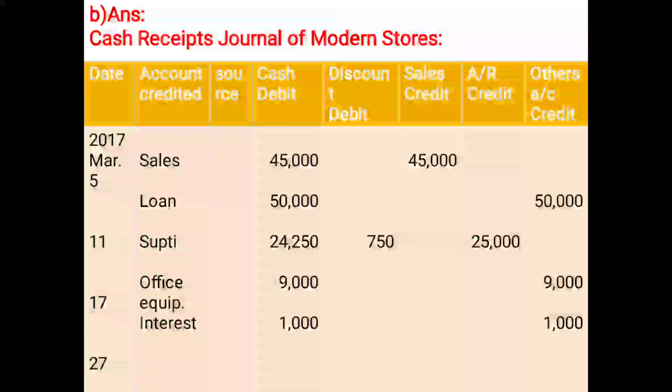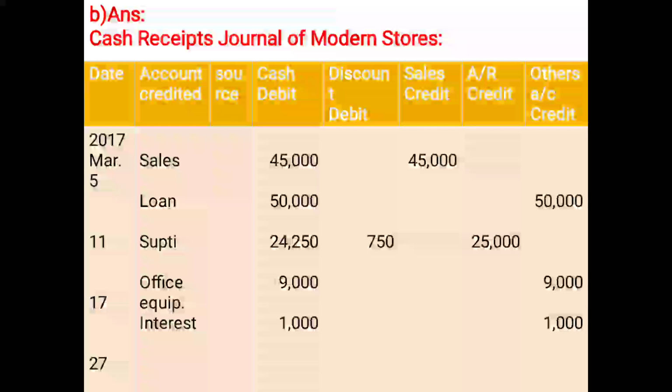March 17, received from Shukti taka 24,250 in full settlement of his debt taka 25,000. So the remaining amount, the missing 750, is discount.